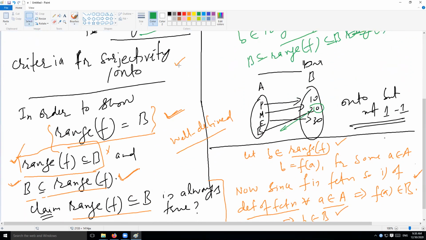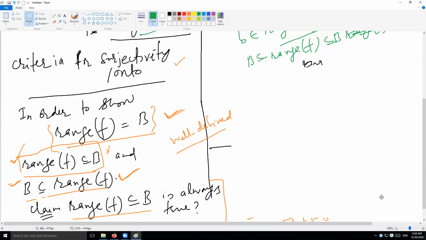So let me put it precisely. Let me put it in a precise manner actually. So here's a precise manner. One-liner criteria for onto-ness of a function.